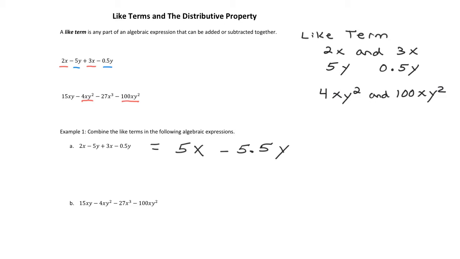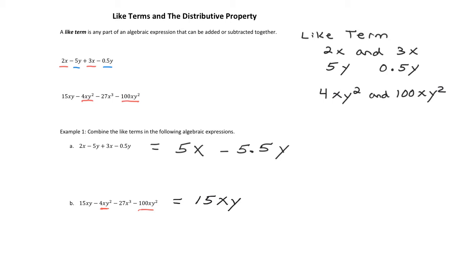Now if we check out part B, from our previous work, I know that the only things that we can combine are this and this, but the idea is the same. I'm just going to compare the numbers that appear in front of my variables. To start this one out, I'm going to write down 15xy, and that's just going to stand alone. It can't be combined with anything else.